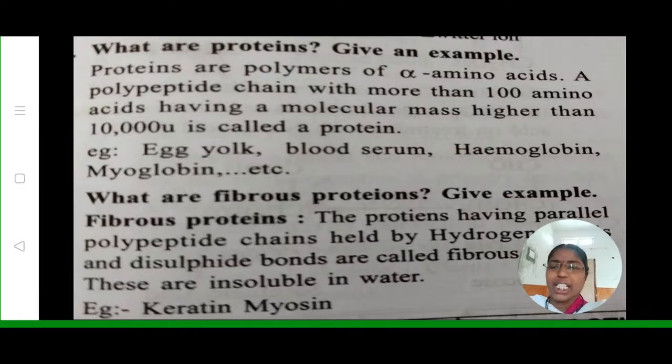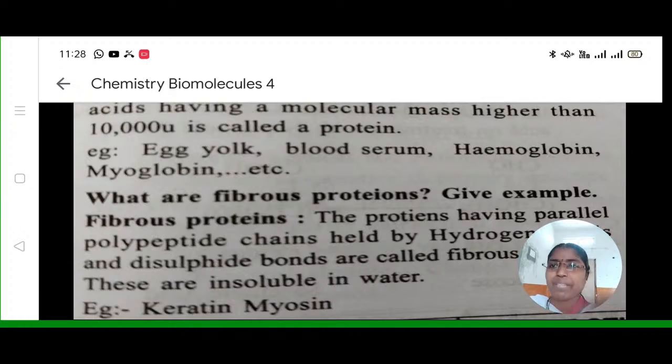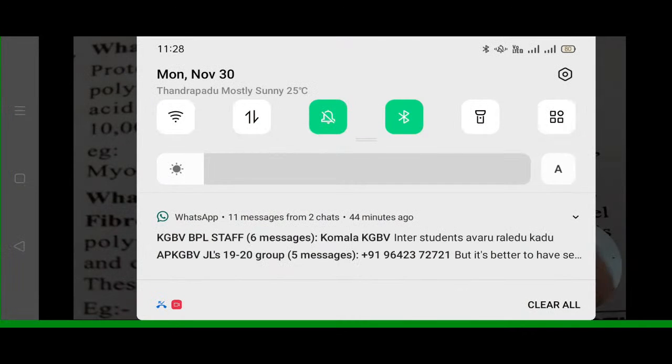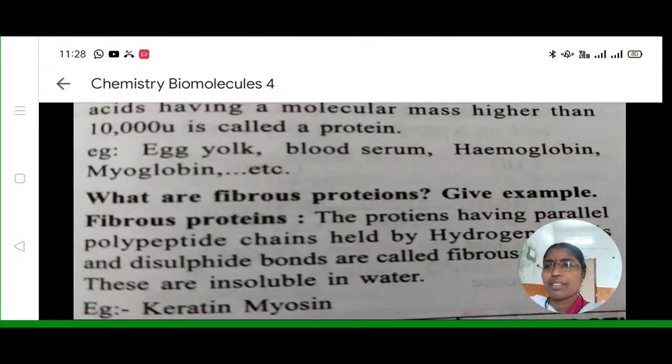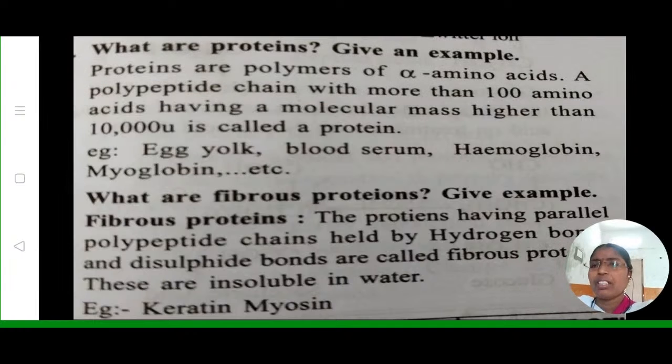What are proteins? Give an example. So here proteins are polymers of alpha amino acids.